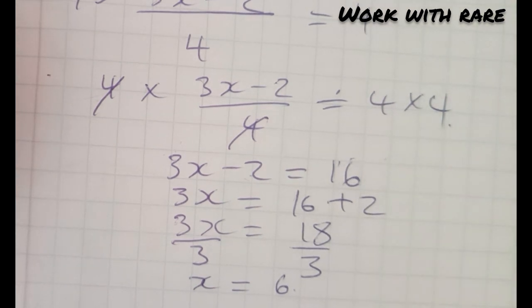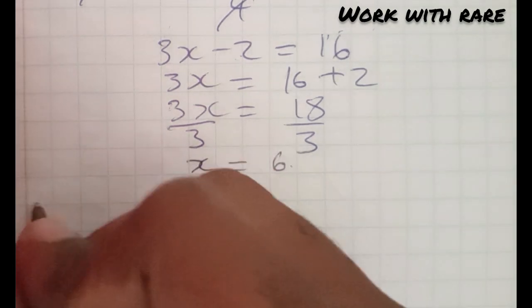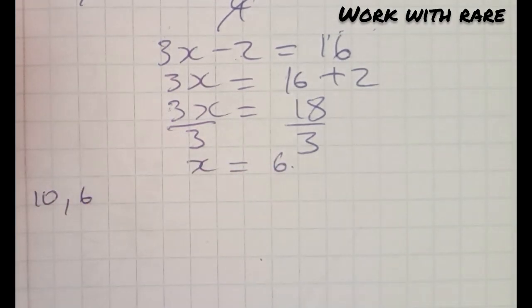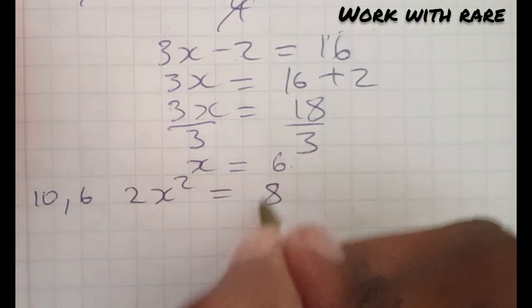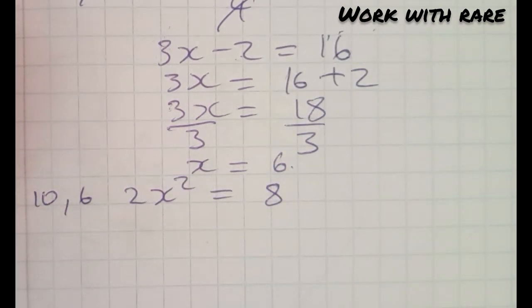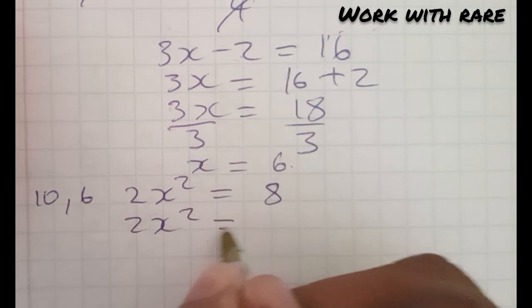Okay, so 10.6, let's check 10.6. It says 2x squared is equals to 8. Okay, so we are solving for x. So first step that I should do, okay, let me write my steps here.